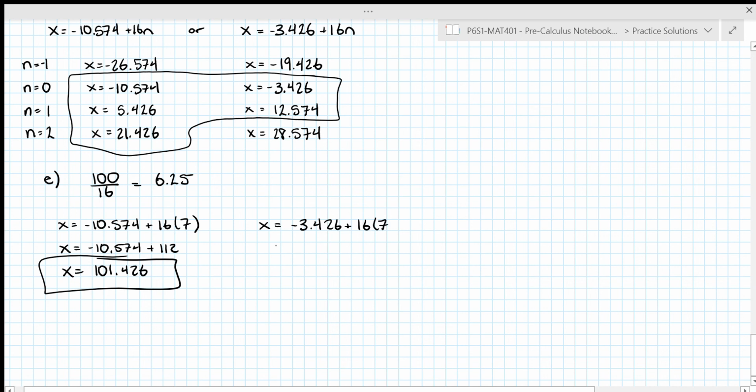Plus 7 full periods away, 3.426 plus 112, I get 108.574. So this is my first one past 100. I could look at each of these. I could be confident that this is my correct answer, because if I went 16 before either of these, I'd be way before 100. So this is definitely the one answer past 100 that has that solution.